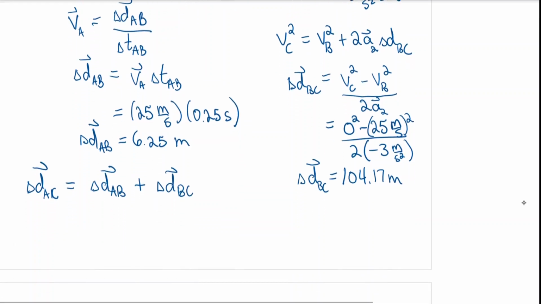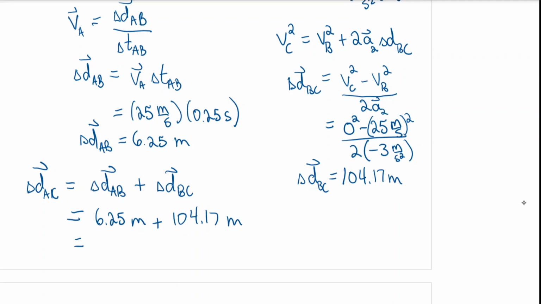So we just add those together: 6.25 meters plus 104.17 meters. And that gives us a final result of 110.42 meters, and this is to the east.